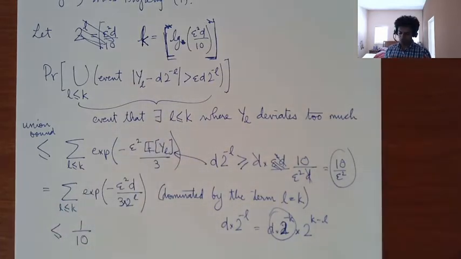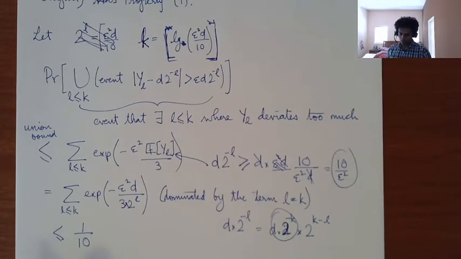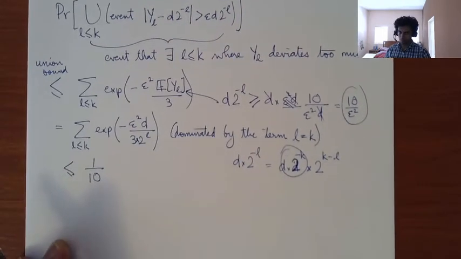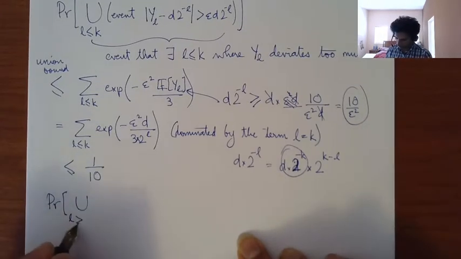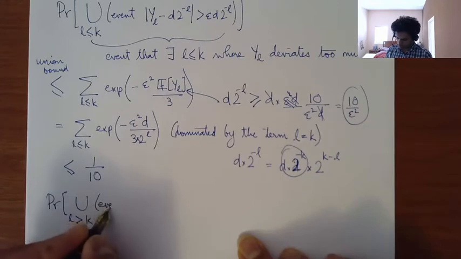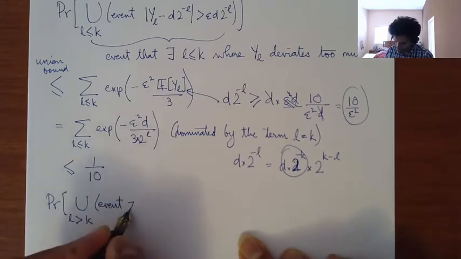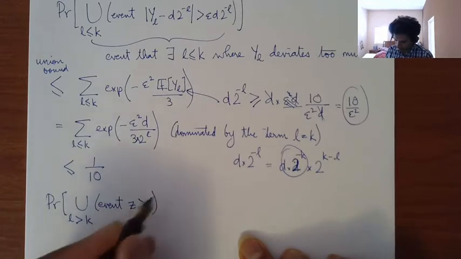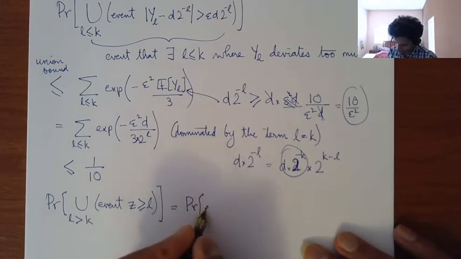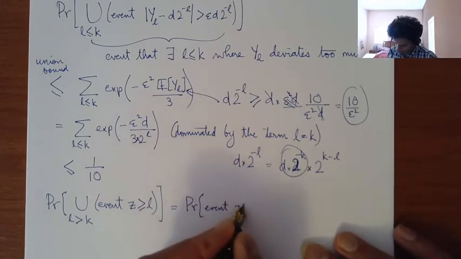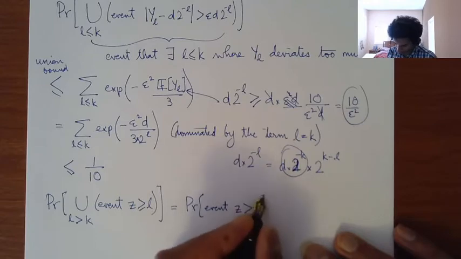Okay, so is this clear? Any questions? Okay. Now let's look at the event that L is greater than k. Let's look at just the event that the final value of z is going to be greater than L. Well, this is simply just the event that z is greater than k.